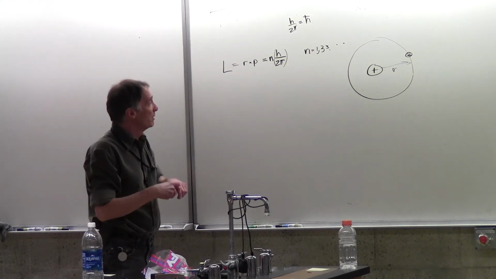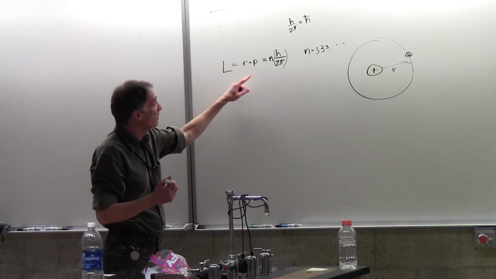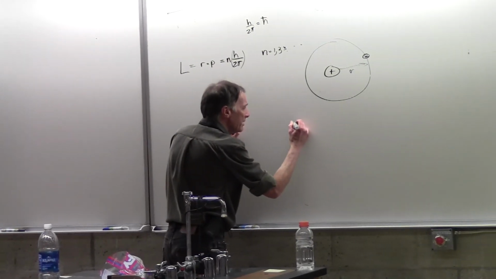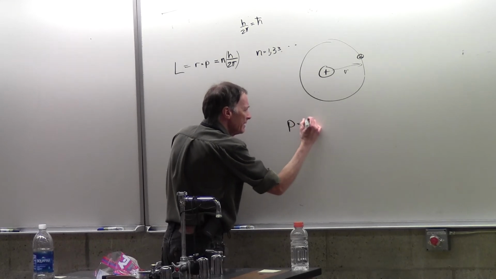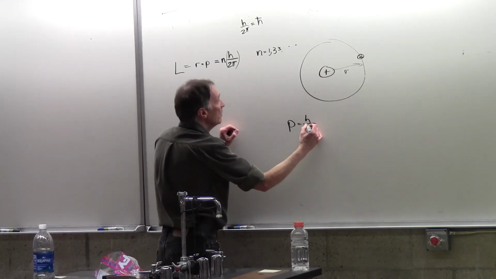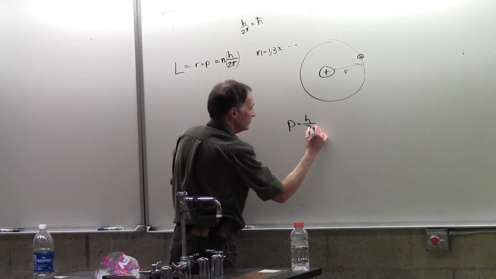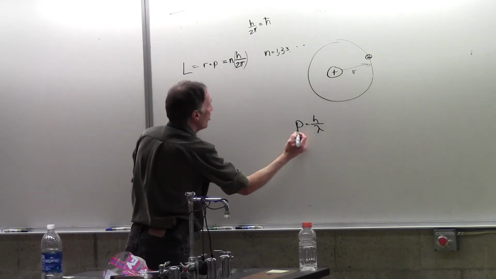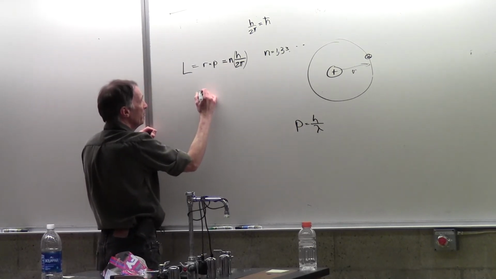Now, this is where de Broglie came in, and he took Bohr's model. He says, okay, I think the momentum is Planck's constant over the wavelength. Let me put this in for my momentum.